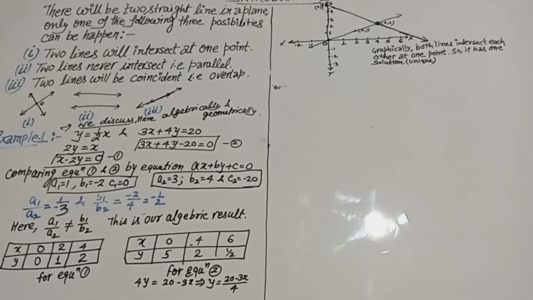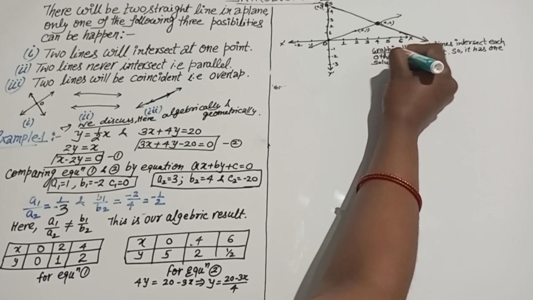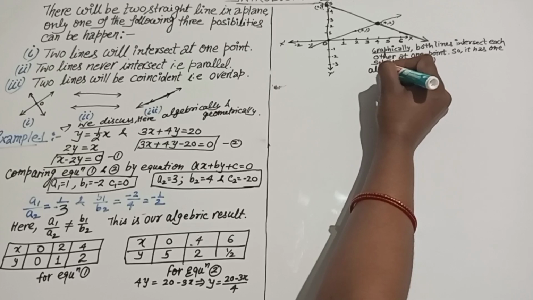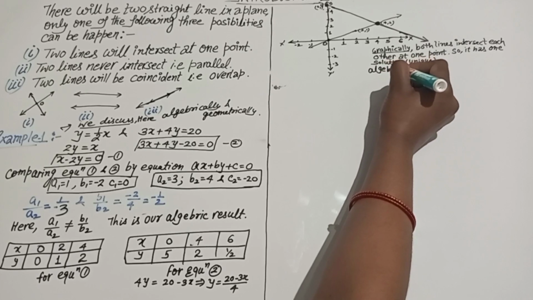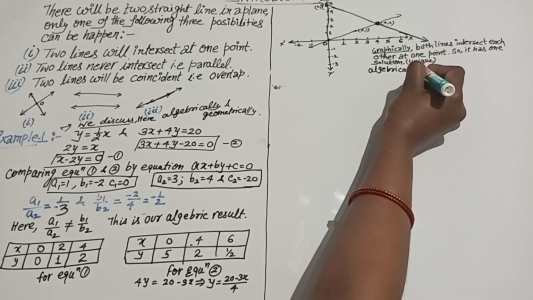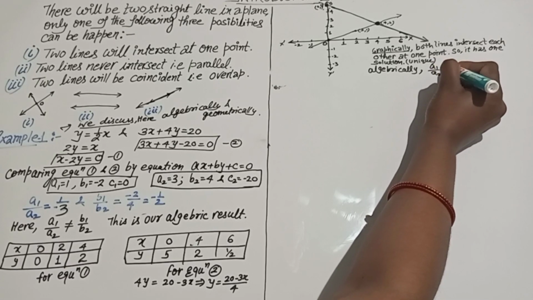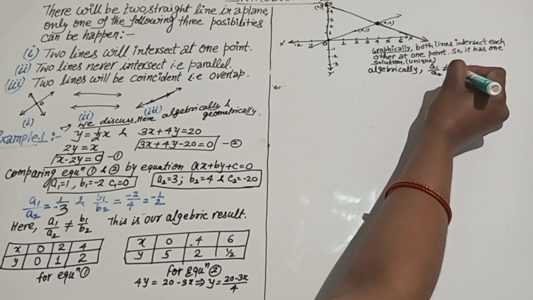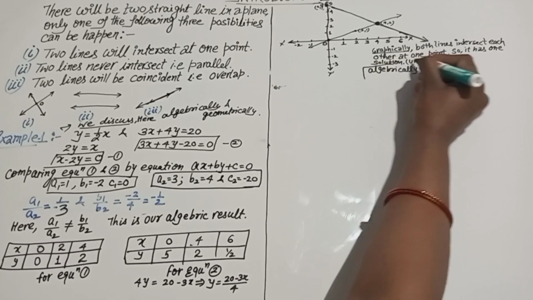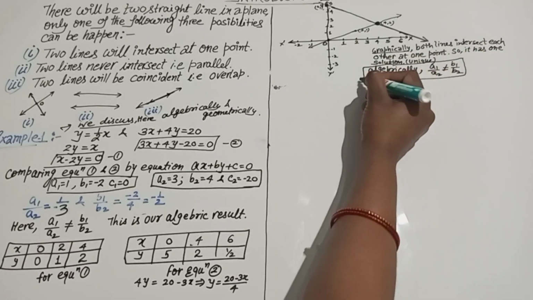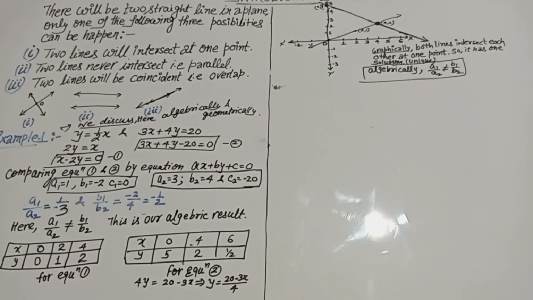And algebraically, a1 upon a2 is not equal to b1 upon b2.